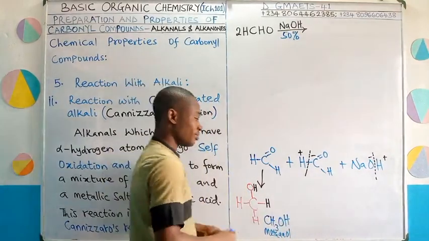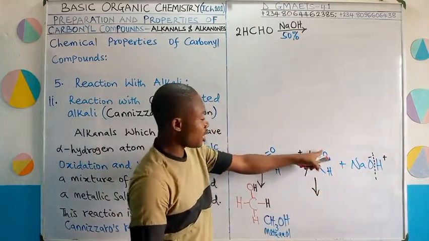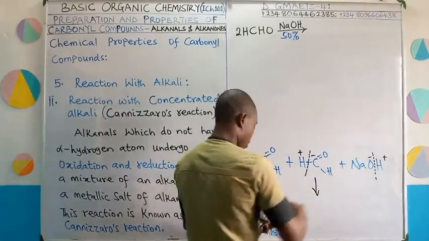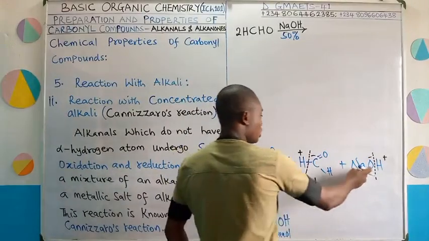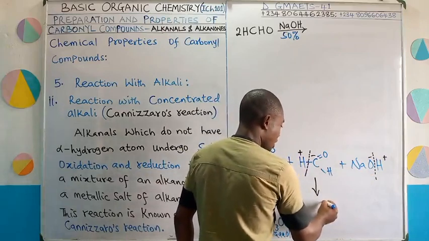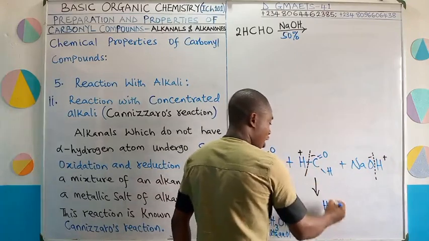We are not done. Coming to this part, what is going to happen? Remember, you have CO and H. Now, it's going to react with this sodium. Is that okay? It's going to react with this sodium hydroxide here, and of course, we are going to get our C. We have hydrogen there, attached to this carbon.